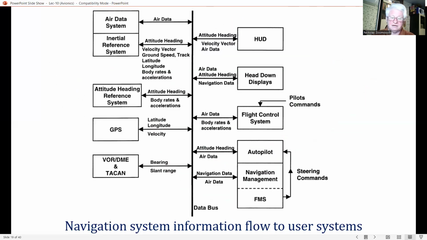The figure on this slide shows the information flow from the inertial sensor systems, air data system, and the position fixing radio navigation system to the user system. The accuracy of the INS or IRS can be greatly improved by combining the inertially derived position data with that from a position fixing navigation system, such as GPS.